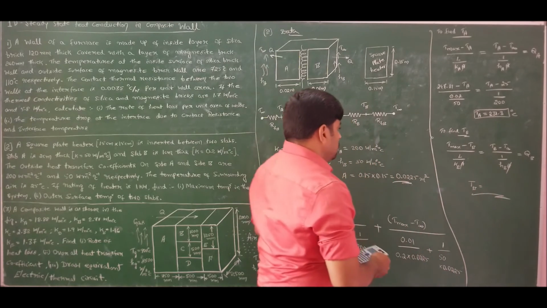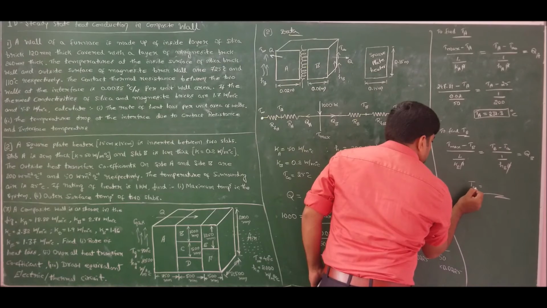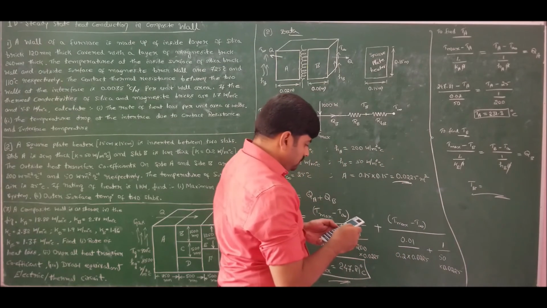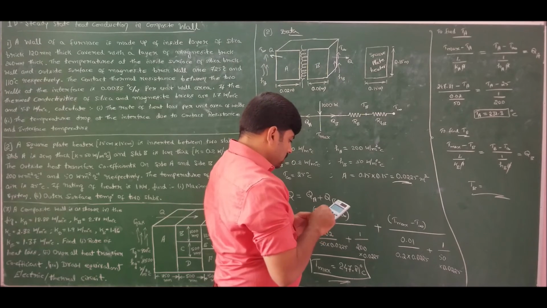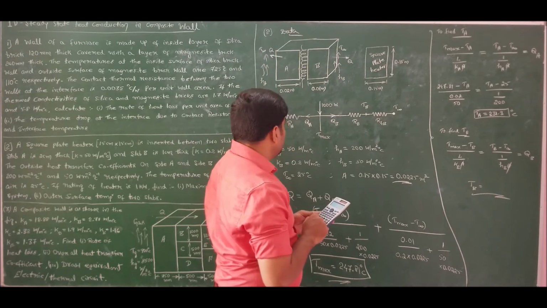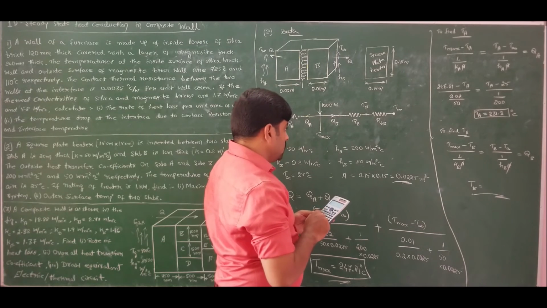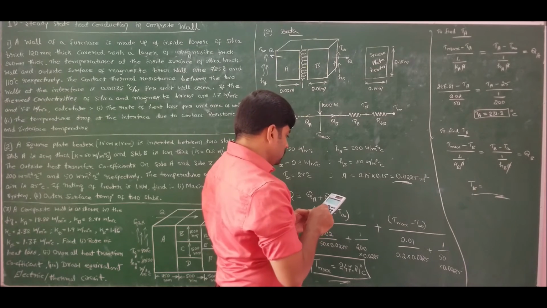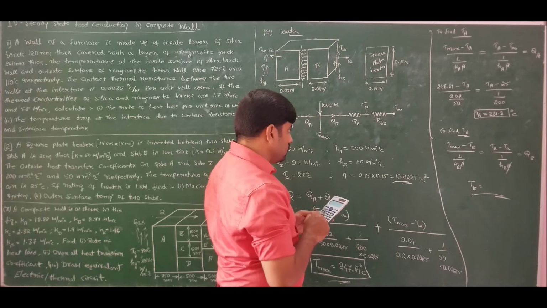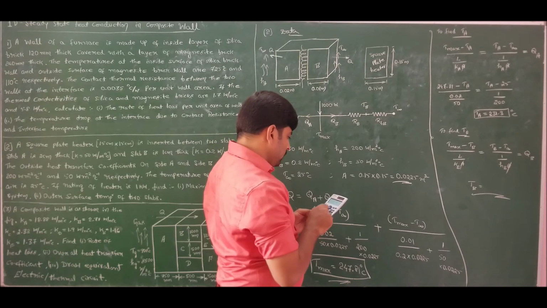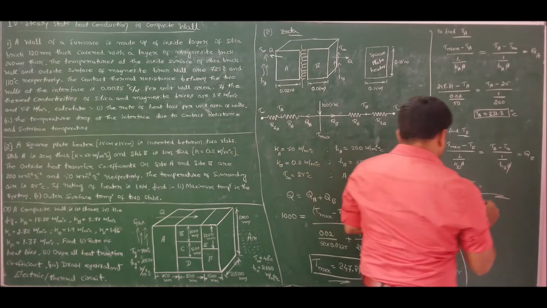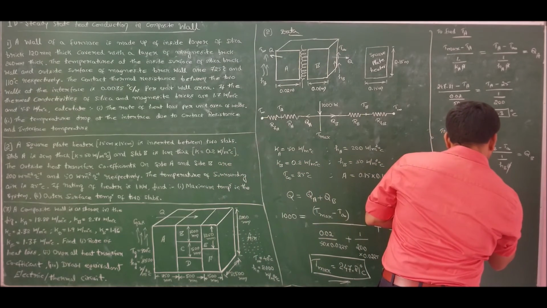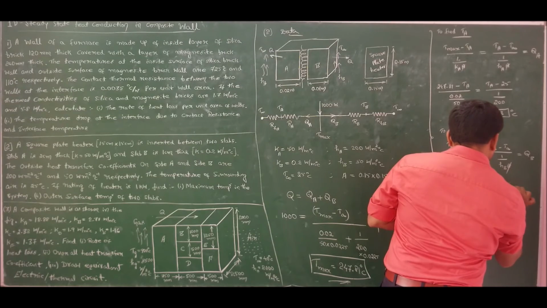So TB, or surface temperature of slab B, is turning out to be: Tmax is 247.81 minus TB divided by length 0.01 divided by KB, which is 0.2. This must be equal to TB minus 25 divided by 1 by HB. HB is 50. Shift solve. I will get the answer of surface temperature of B as 88.66 degrees Celsius.